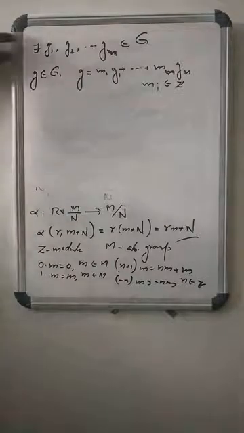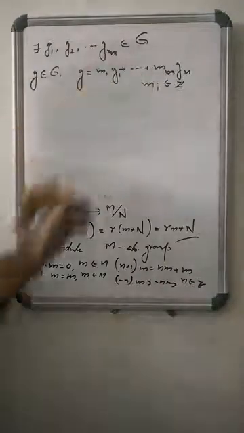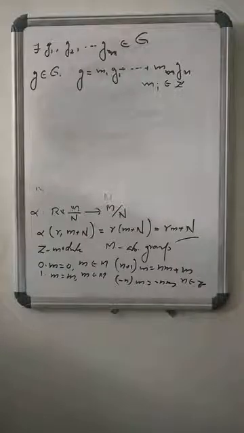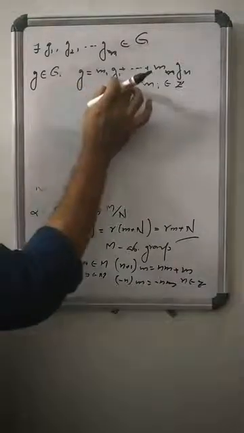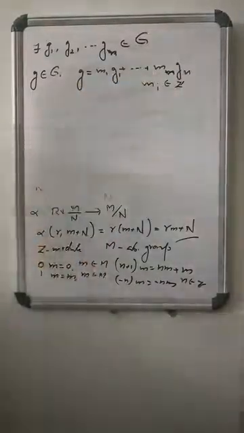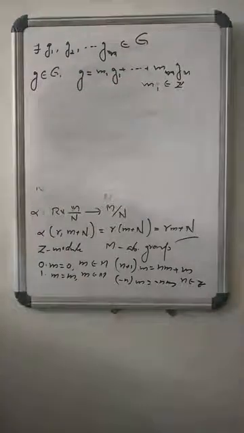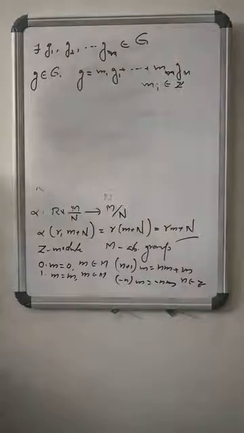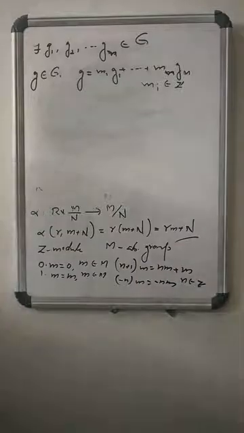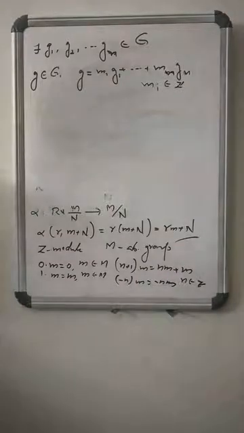Moreover, if G is spanned by g1 etc. gn, meaning G can be expressed as a linear combination of them, and the gi's are linearly independent, then g1, g2, etc., gn are called a basis of G. So a linearly independent set which generates G is called its basis.